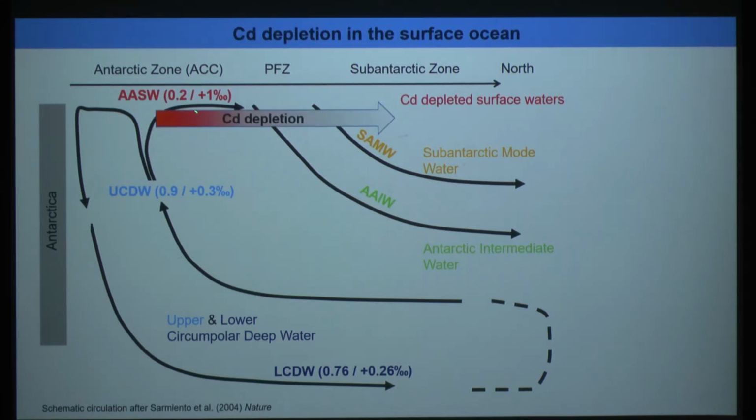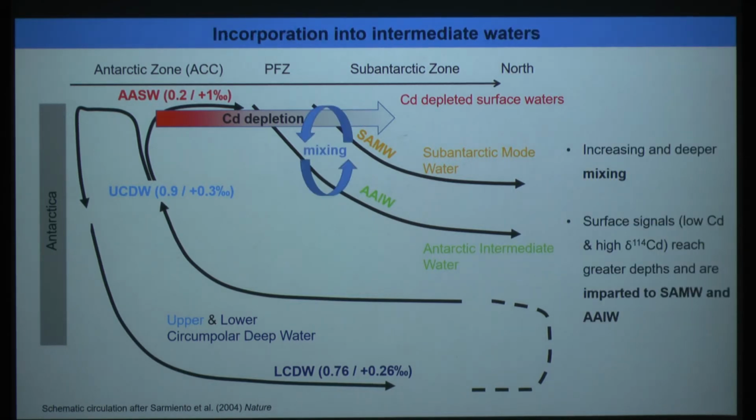So I showed you that surface waters here go down to maybe 0.2 nanomoles or something, and you get values of +1 per mil. And then as these water masses come up, they keep flowing northwards until you cross some Southern Ocean fronts here, where you start mixing to greater depth.